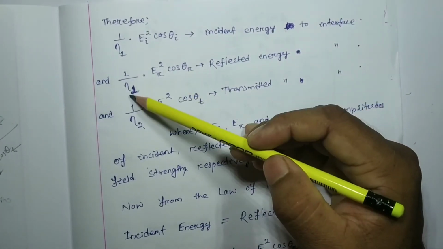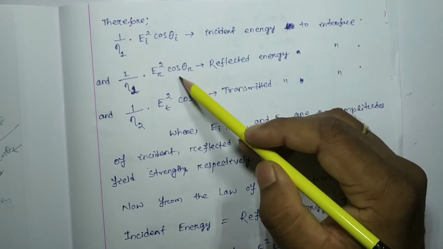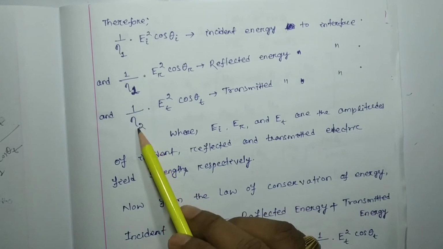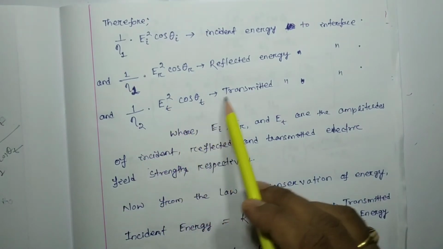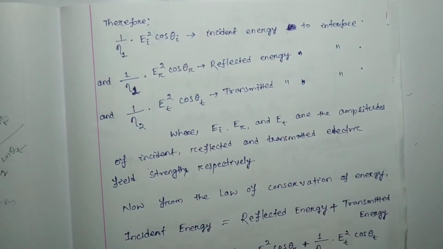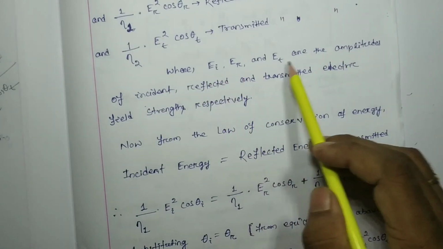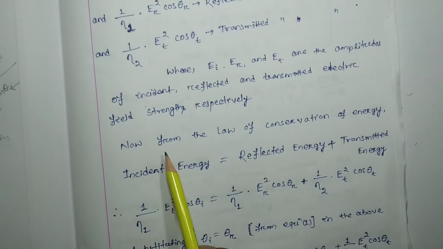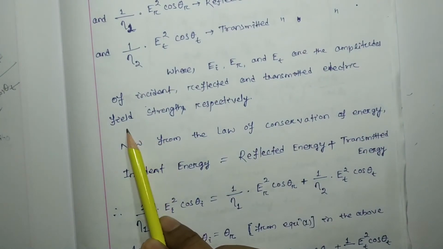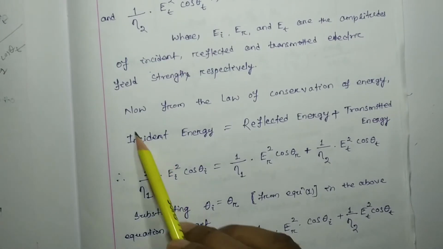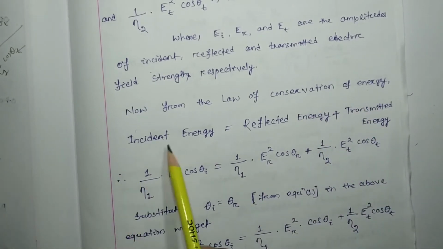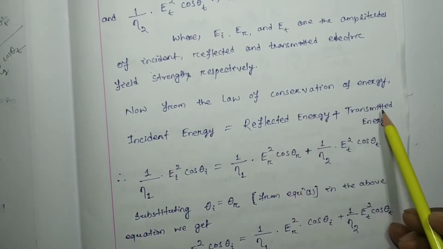So 1 by eta 1 Er square cos theta r is the reflected energy to the interface, and 1 by eta 2 Et square cos theta t is the transmitted energy to the interface, where Ei, Er, Et are the amplitudes of the incident, reflected and transmitted electric field strengths respectively. Now, from the law of conservation of energy, we know that the incident energy will be the sum of the reflected and transmitted energy.